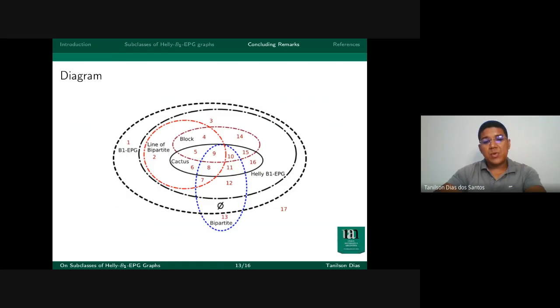But in particular, for B1-EPG graphs, every B1-EPG bipartite graph is Helly B1-EPG. But there are bipartite graphs that do not belong to B1-EPG and do not belong to Helly B1-EPG. That is located in this area.